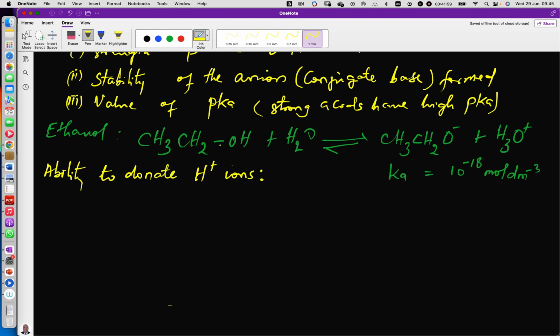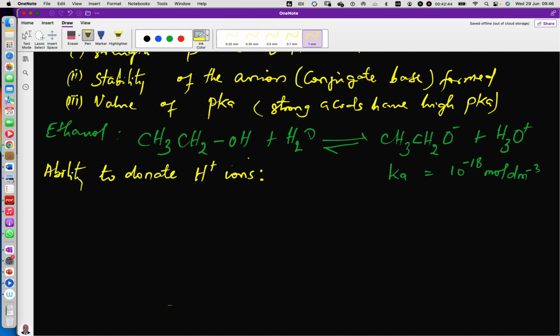When it increases the charge density on the oxygen of this OH group, there is more attraction between the oxygen and the hydrogen. So the ability to lose the hydrogen is very, very difficult.